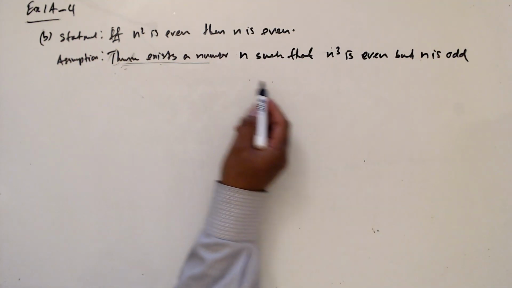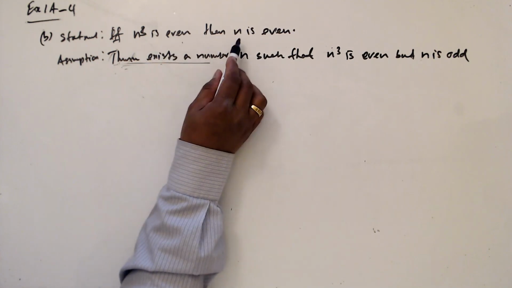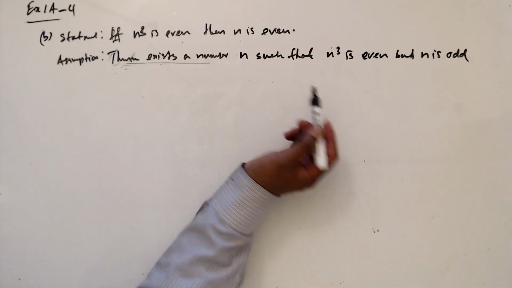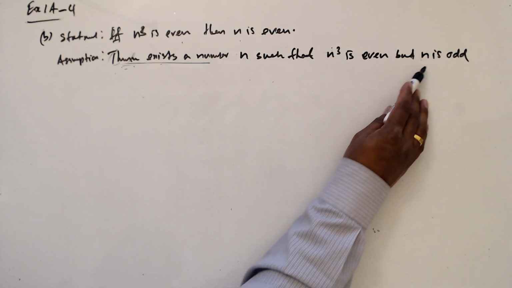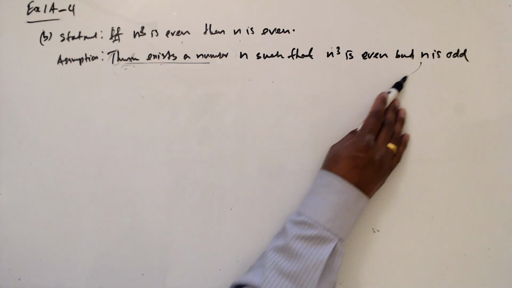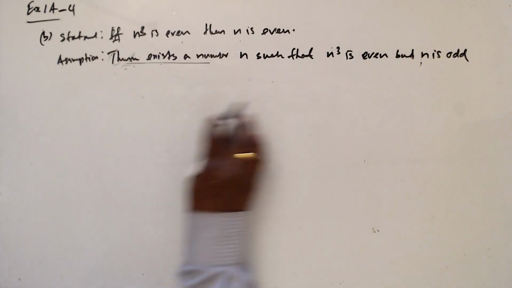The statement says if n cube is even, then n is even. So we'll take n is odd, and instead of n, we find n cube and we will get an odd number. So this is going to be a contradiction.